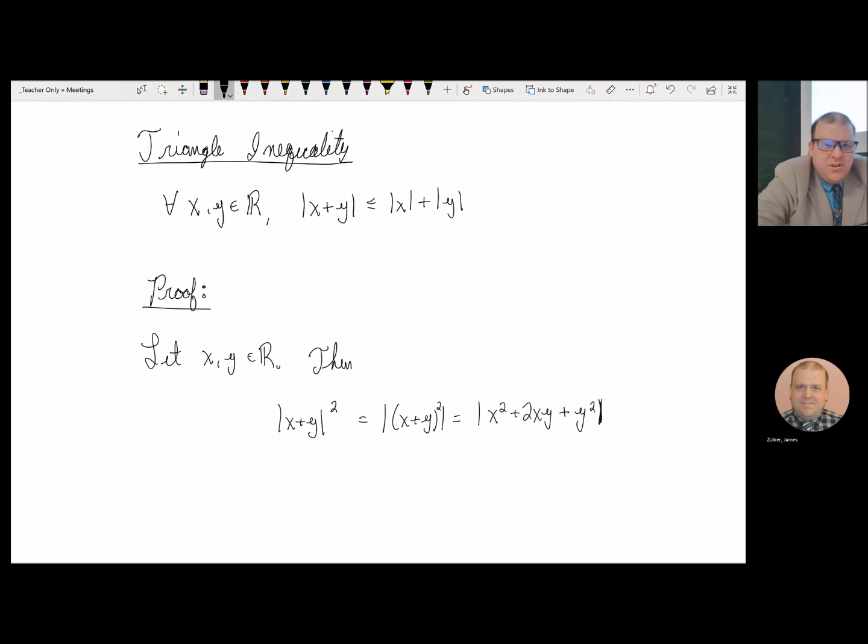That's not the triangle inequality. That is.